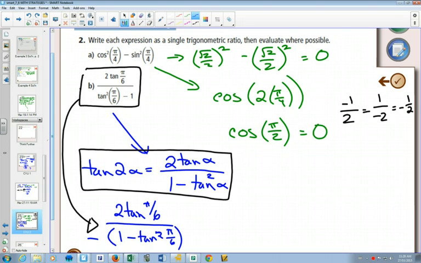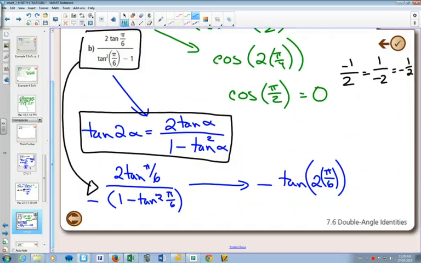So this becomes negative tan 2 alpha. And that just becomes pi over 3. And tan of pi over 3 is root 3, so we get negative root 3.